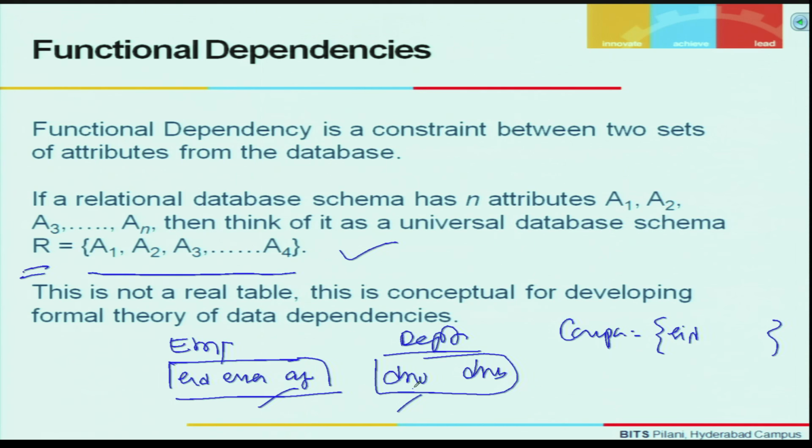That means it contains all the attributes that are available in all the relations of that database. So it will contain EID, ename, age, DNO, and DName. This imaginary relation, I am calling it a universal database schema.